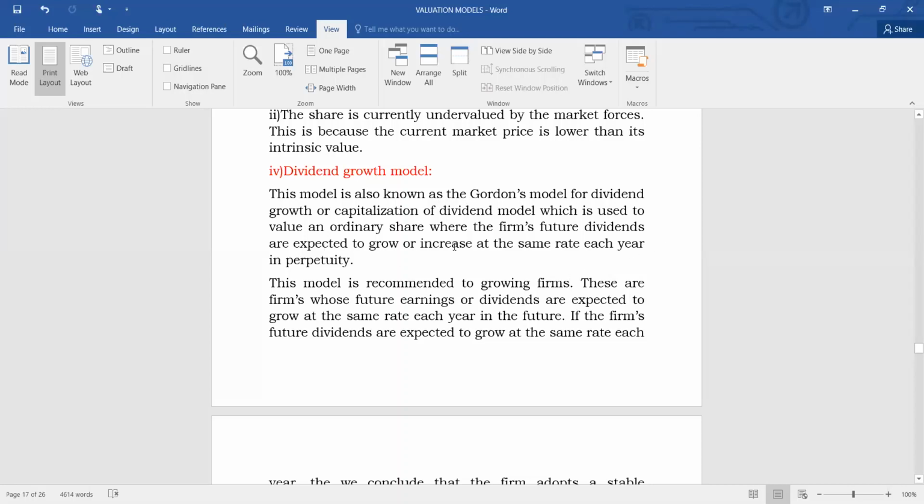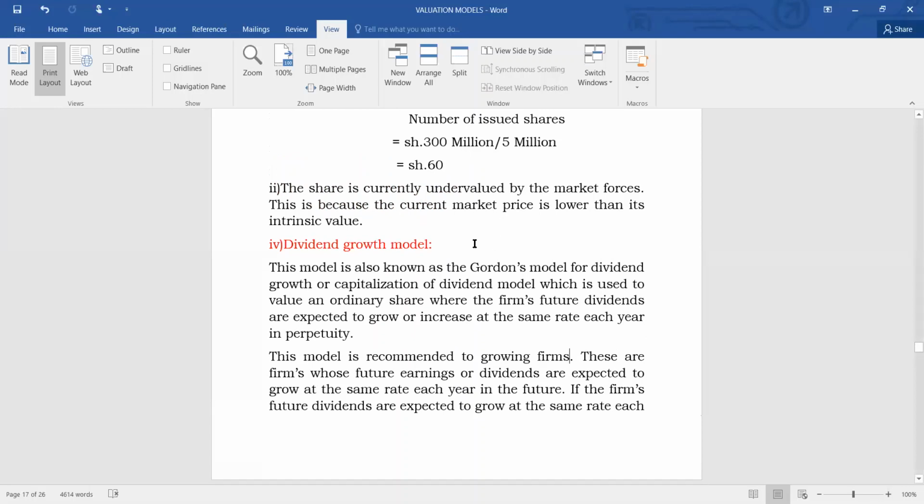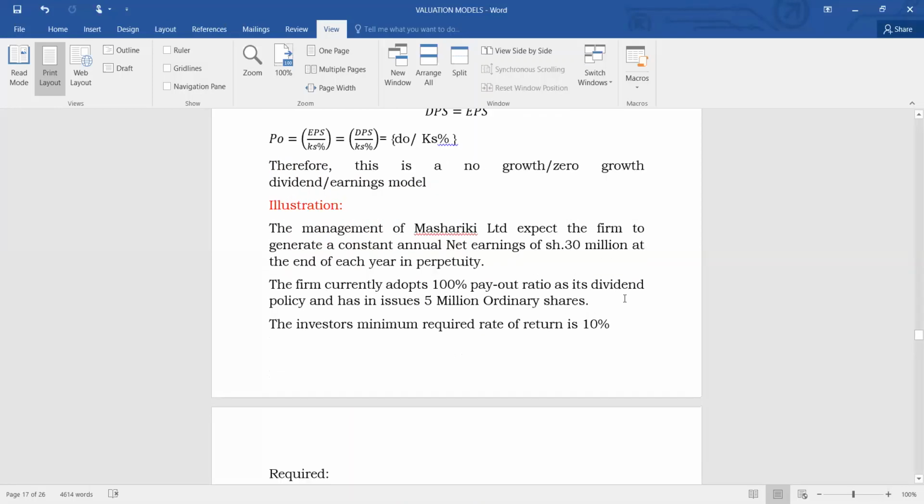So there's Gordon's model, which is applied to value ordinary shares under one main condition: the firm's future dividends should grow at the same rate each year in perpetuity.